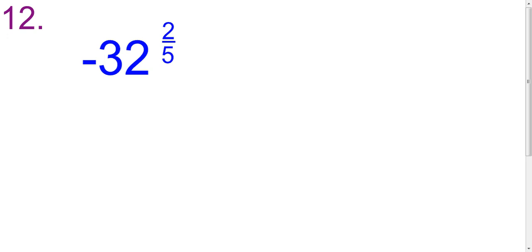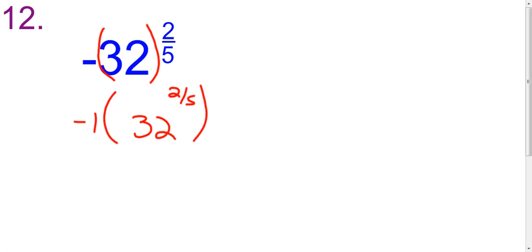Here I want you to be really, really careful. There's this negative out in front. However, it is not in parentheses like that. If that's what I wanted you to do, I would want you to take -32 to the 2/5 power. It's not, and I didn't write parentheses here, but if parentheses were written in this problem, it would be assumed to be right here. Okay, so if you follow your order of operations in this case, you are going to have to take 32 to the 2/5 power first, and then multiply it by -1.